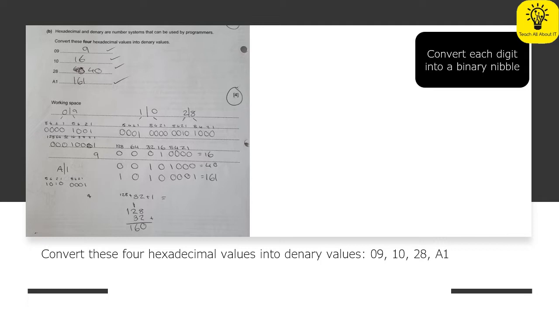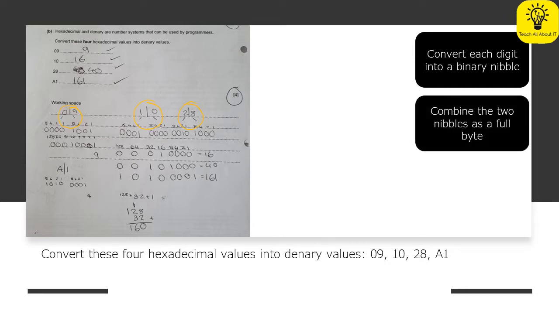So here I'm looking for a student who has converted each digit into a binary nibble, and you can see that by using these little things down here. Now I can see this student has put in each of them and converted them into nibbles and has almost like little arrows that show me each of the different nibbles.